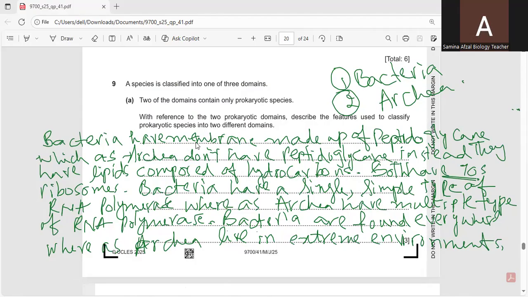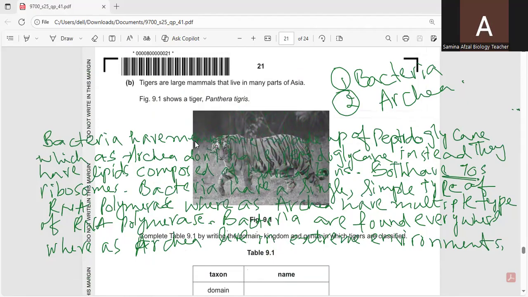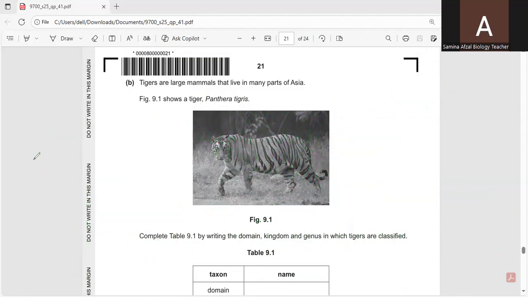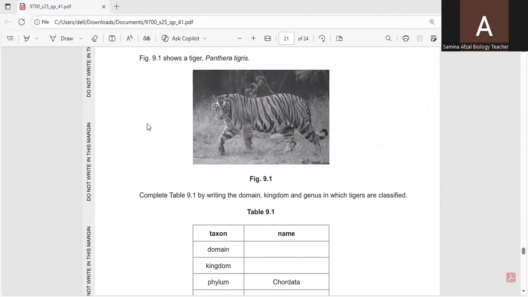Moving towards the second part of this question: tigers are large mammals that live in many parts of Asia. Figure 9.1 shows a tiger, Panthera tigris. Complete table 9.1 by writing the domain, kingdom and genus in which tigers are classified.